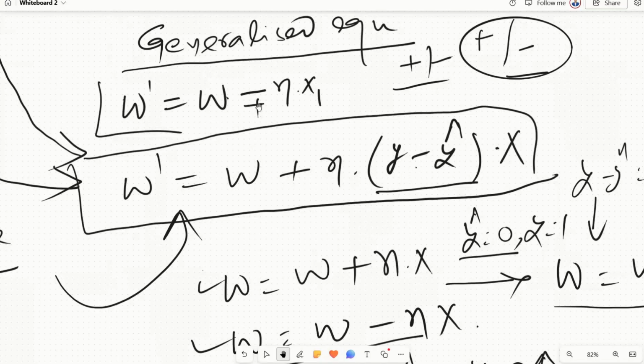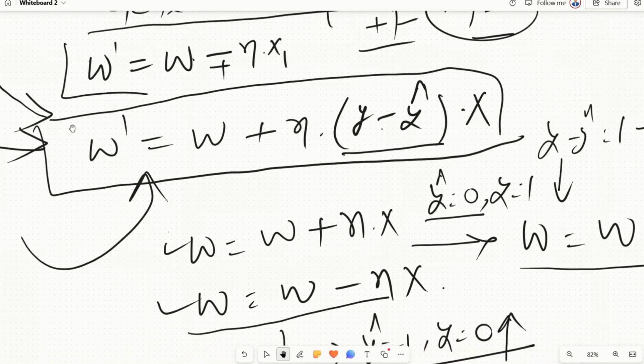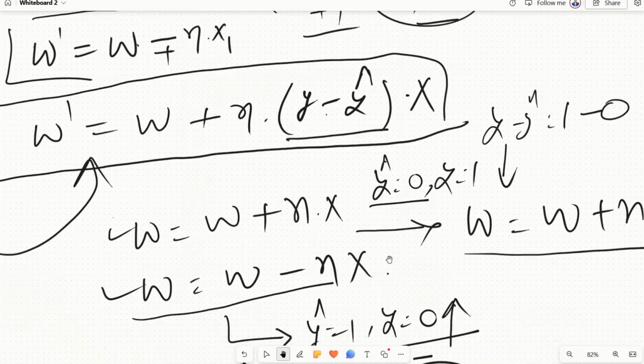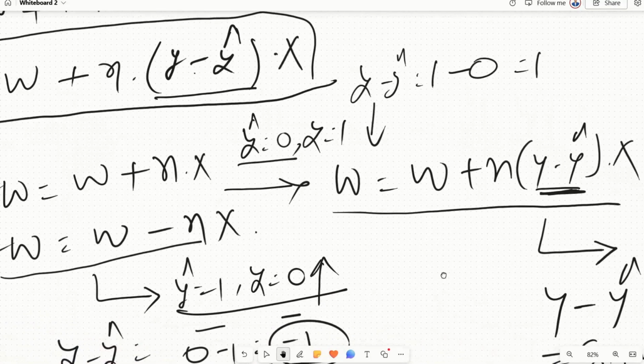So this is the update rule. After combining both equations, my common equation will be: w equals w plus eta times (y minus y predict) times x. If you combine these two equations, the plus and minus, this gives the equation, and it covers both cases.